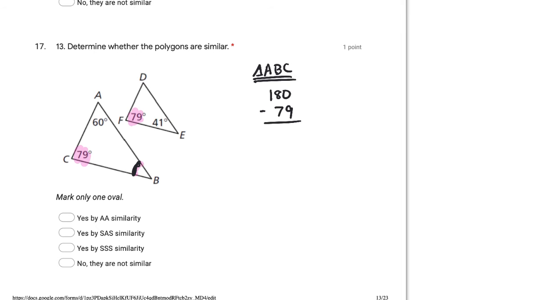They all have to add up to 180, so I'm getting rid of the 79. That leaves me 101 left. Then I'm going to subtract off this 60. And that leaves me 41 degrees left. So this must be 41 degrees right there. And that makes it congruent to angle E in the other triangle. That's two angles that are congruent between the two. And so yes, we have similarity.